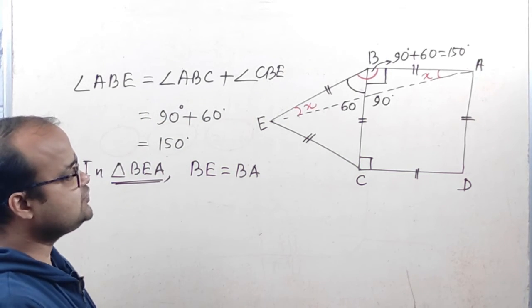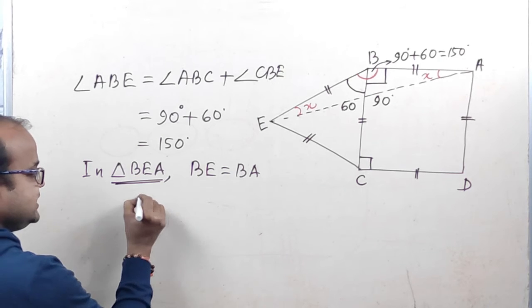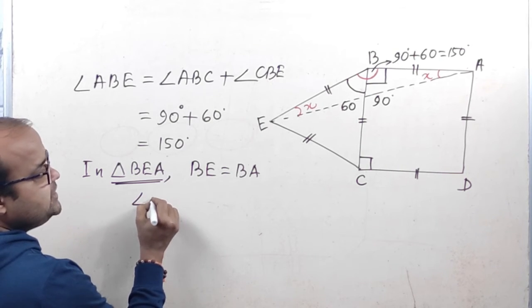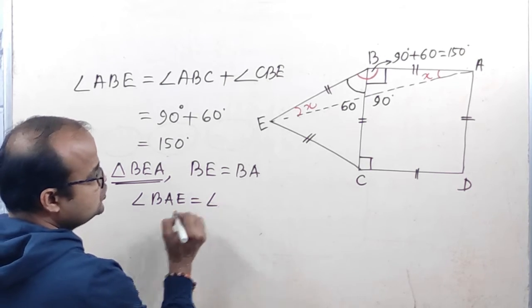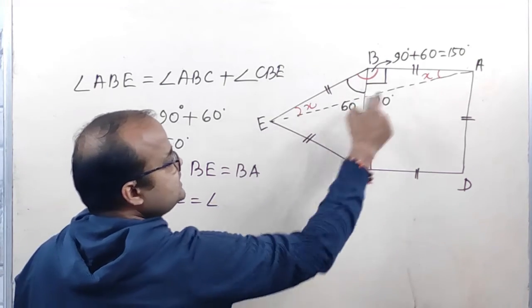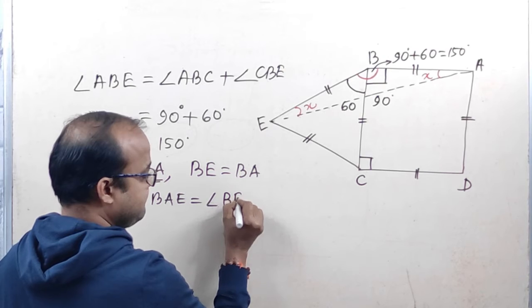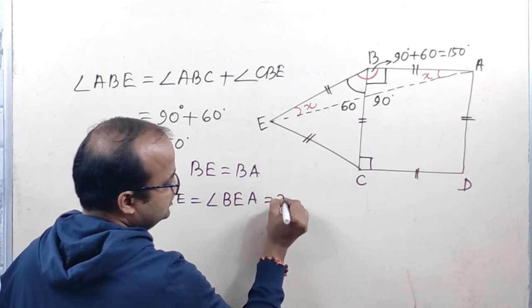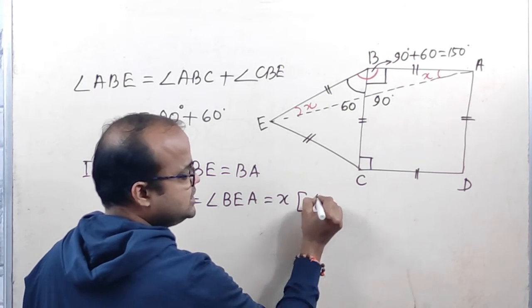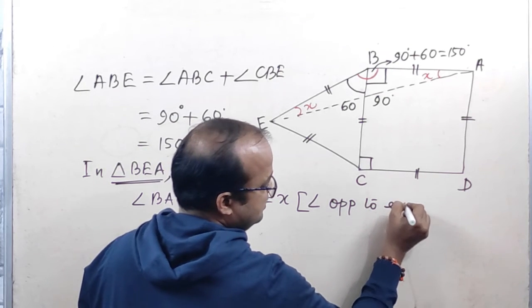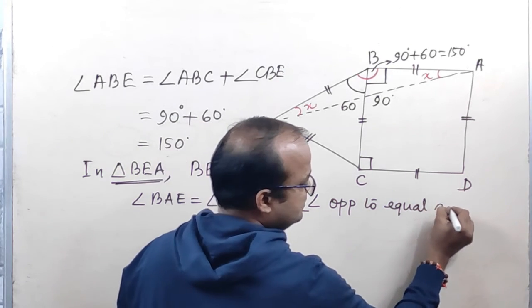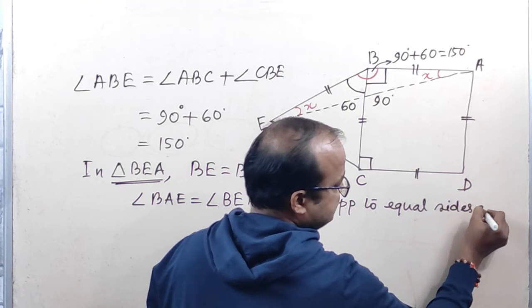Properties of an isosceles triangle. So we can say that angle BAE equals angle BEA equals x, and the reason is angles opposite to equal sides are equal.